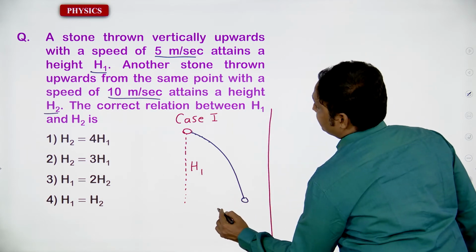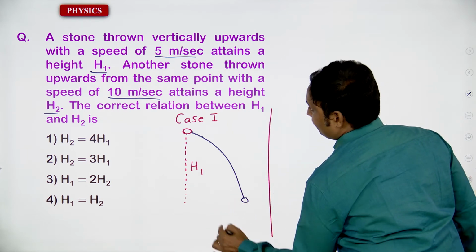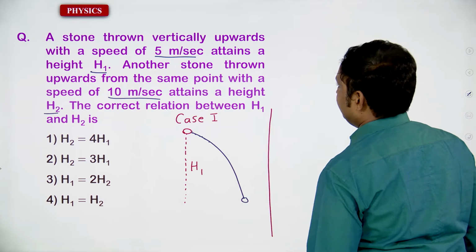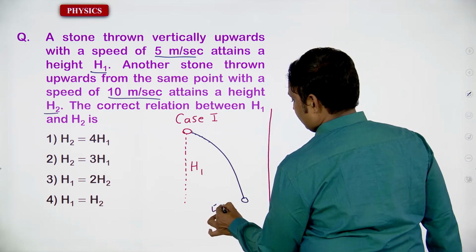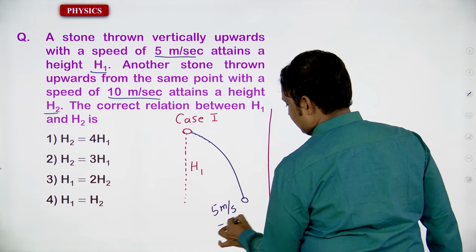What about the initial velocity or speed? It's going to be 5 meter per second.